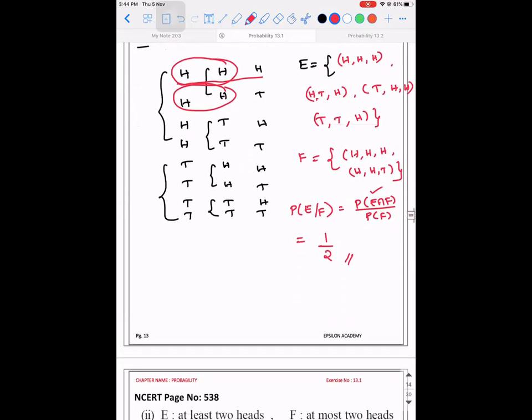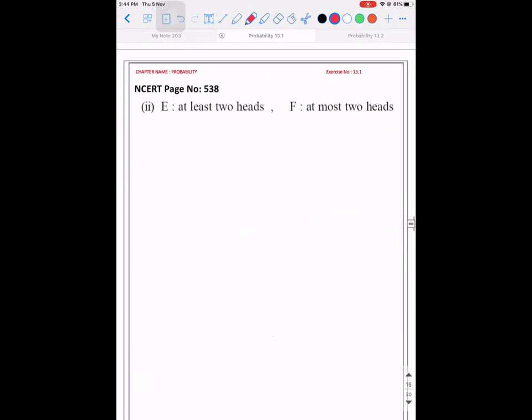So moving on to the next one. E is at least 2 heads, F is at most 2 heads.